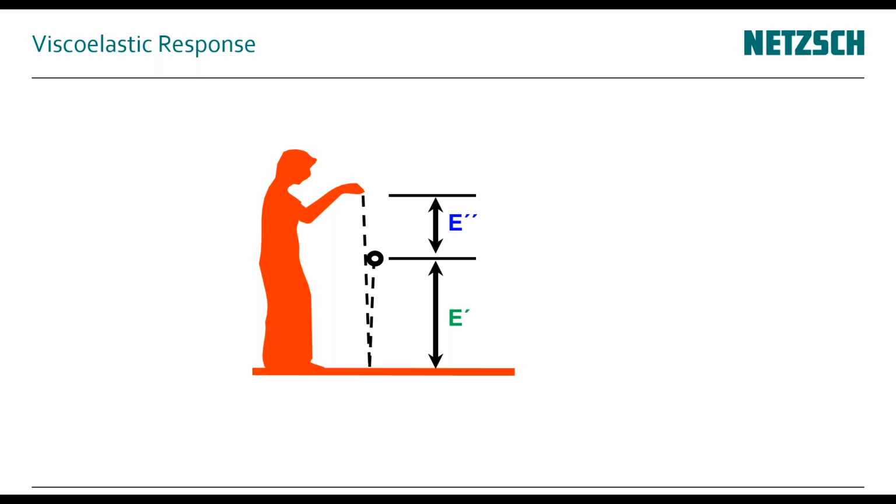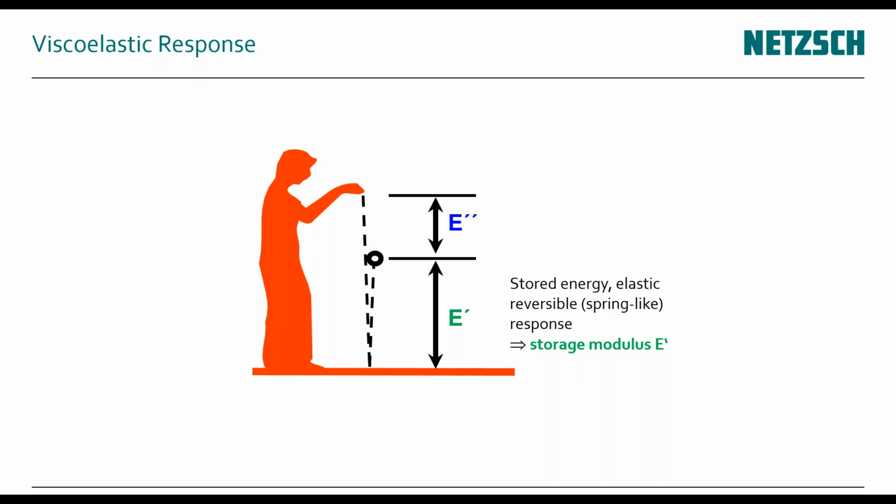Imagine you take a ball, you drop the ball on the floor, the ball comes back up, and the height to which it comes back up refers, that is easy to see, to the ability to store energy. And this refers to the elastic, reversible, or spring-like response from my sample. And this is why we call this number, E prime, the storage modulus.